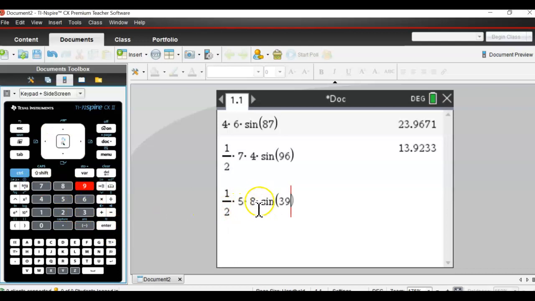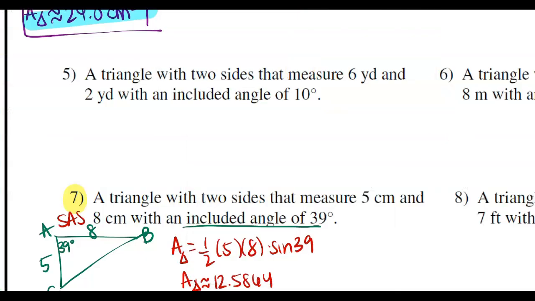If you don't put that little multiplication symbol, it'll do it for you guys. I didn't do that on the last question, but I did do it for this one. So just be patient. Okay, so I have 12.5864. So the area of my triangle is going to be approximately 12.5864. If I look at this, I would definitely want to round this to the nearest tenths place. So that's going to give me about 12.6 square centimeters.